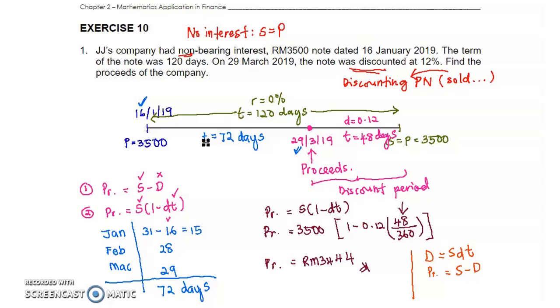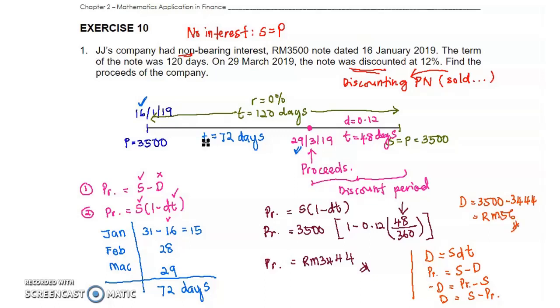So D equal to S minus proceeds. In this case, if the question asks about the amount of bank discount, it equals 3500 minus 3444, which is RM 56.